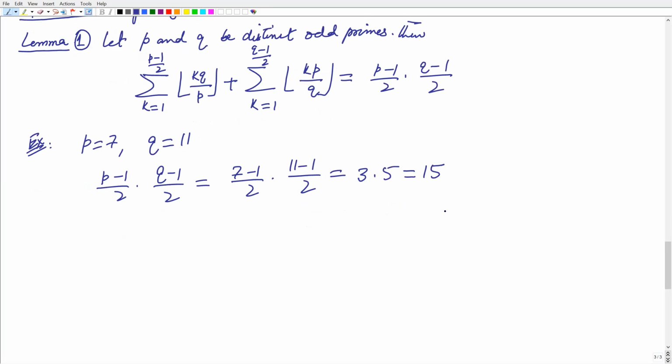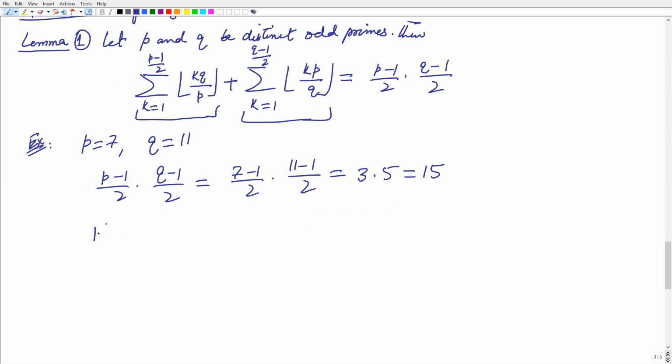Okay, and look here. Let me compute these two terms as well, for p equal to 7 and q equal to 11.